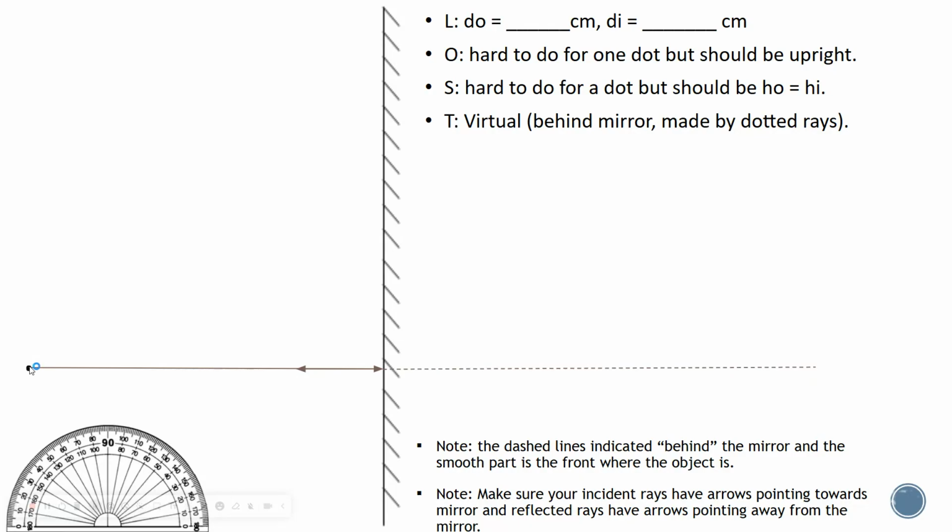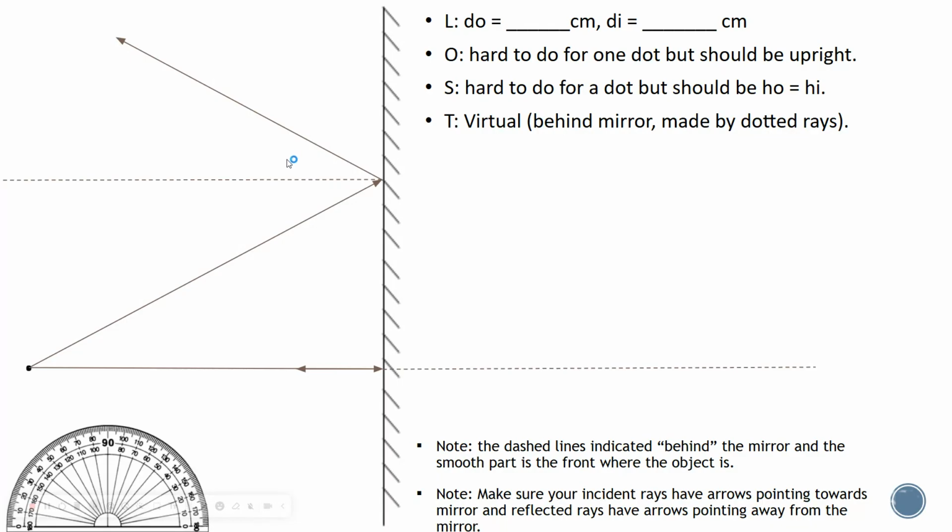So that means that we're going to go back to the dot and we're going to draw another set of rays. I'm going to draw one, it doesn't really matter where it goes. I'll draw one that goes up here. Then I'm going to draw the normal, 90 degrees to the mirror, and I'm going to measure this angle of incidence. Whatever that angle is, I'm going to draw the reflected ray according to the law of reflection, so it's going to have the same angle as the angle of incidence.